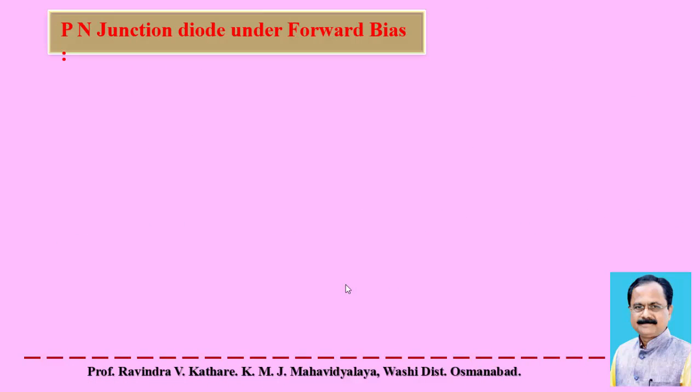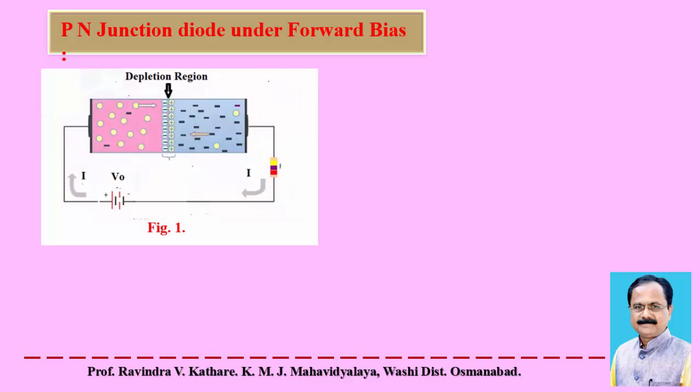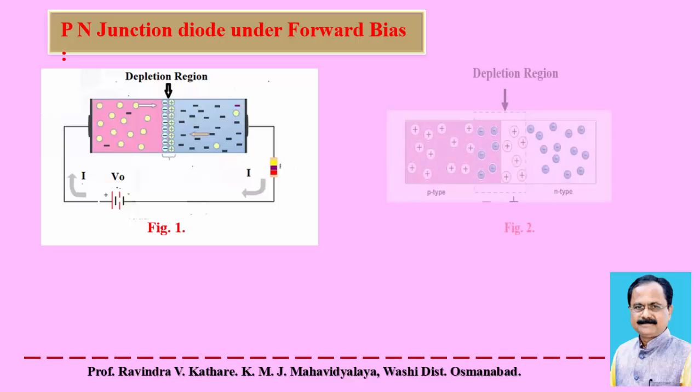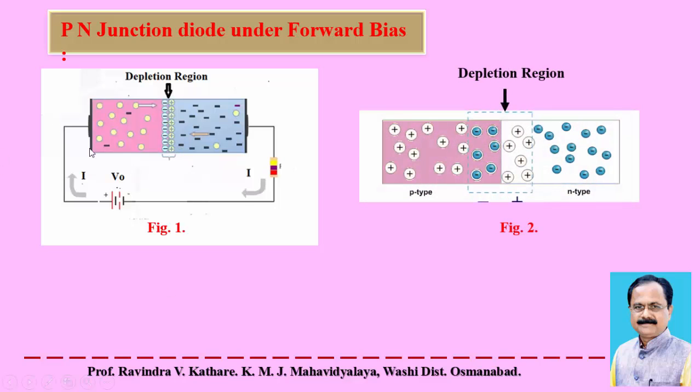At present, we have studied what a PN junction diode is and how the depletion layer and potential barrier are formed. Now we can study the biasing of the PN junction diode. In the first case, the PN junction diode under the forward bias condition. Figure 1 shows the PN junction connected in forward bias, and figure 2 is when there is no biasing.